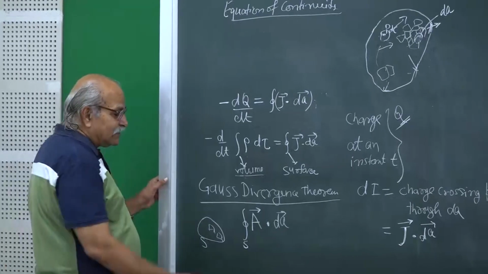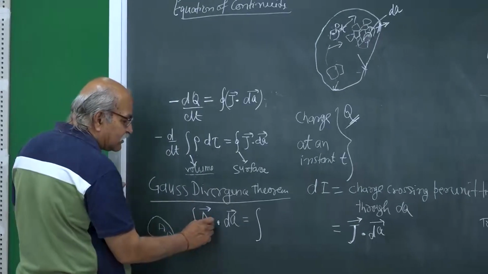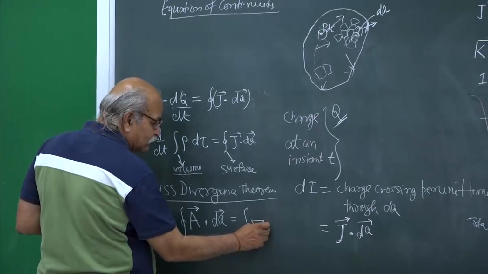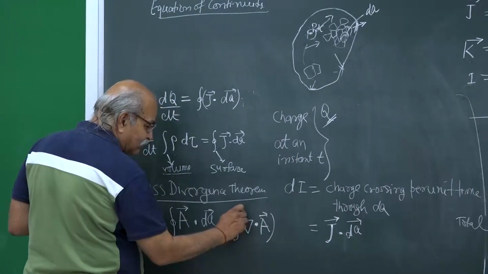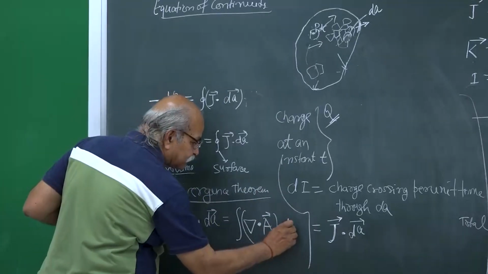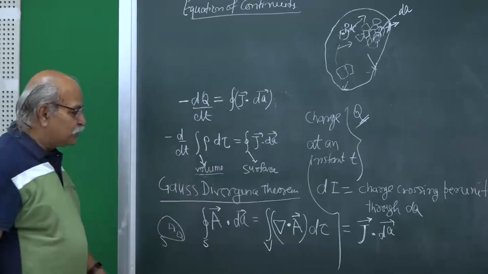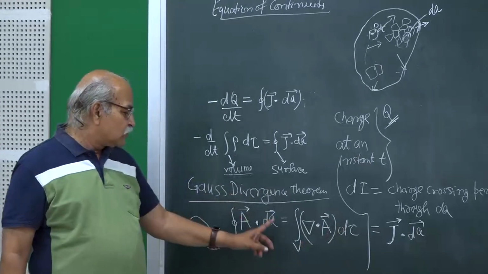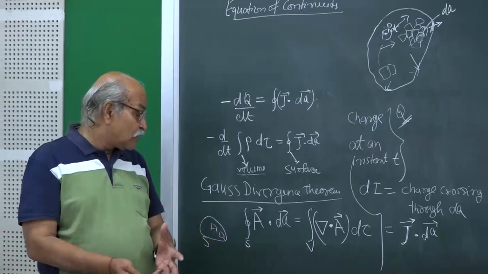And on the other side you write divergence of A. We give this symbol, divergence of A, and then d tau. This is to be integrated over a volume, and this is to be integrated over the surface area enclosing that volume.